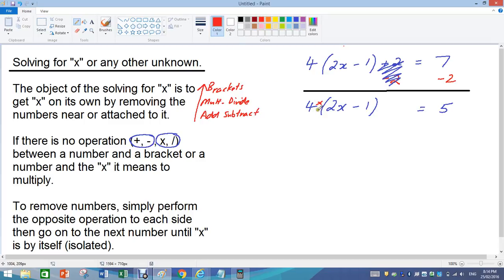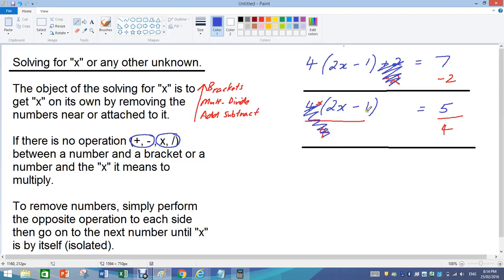How do we remove the 4? Well, it's times 4, so we just divide by 4. Divide by 4 on the left side, we have to divide by 4 on the right side. Rule it off. 4 divided by 4 is 1, so we don't need to show that.